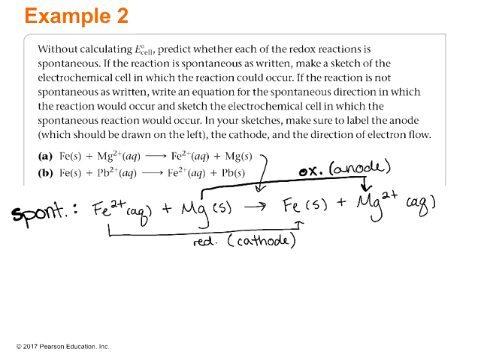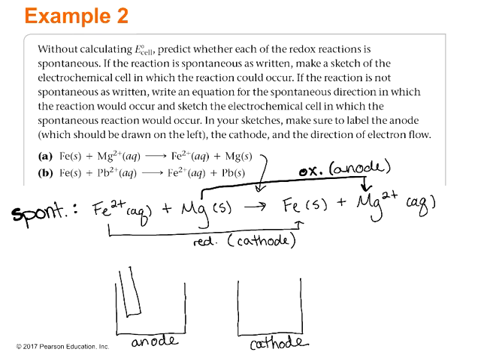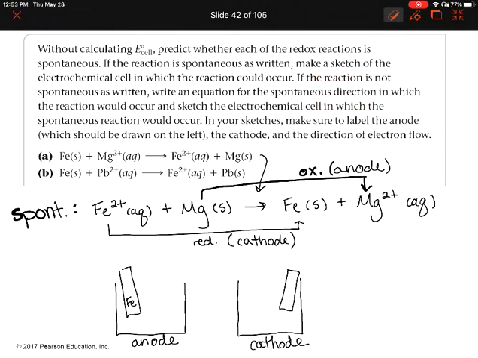Okay, so now for our sketch, remember the anode goes on the left, the cathode goes on the right. So we can draw an electrode here for iron and an electrode on the right for, already mixing them up. Sorry, magnesium should be on the left.